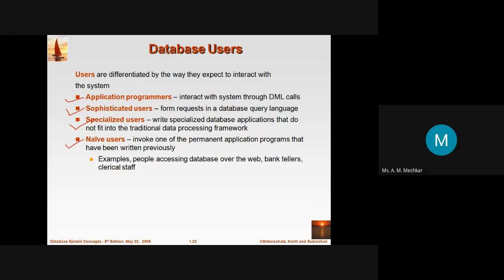Naive users means us, the people who are actually using the application programs. It could be the public, or the end user who is using that software. Like in the bank, the person sitting at the window only knows how to transfer money from one account to another.